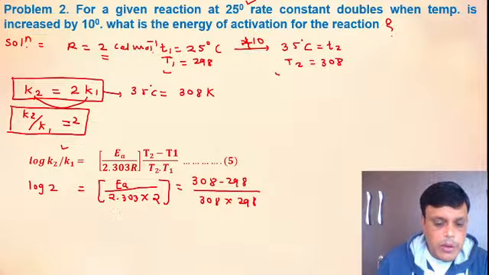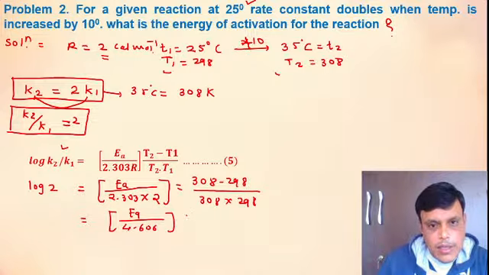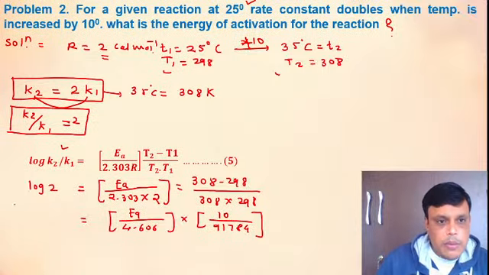So if you take log 2 and solve this equation, for example, EA equals 4.606 into 10 divided by 91784, which we solved last time. Tell me the value of log 2.